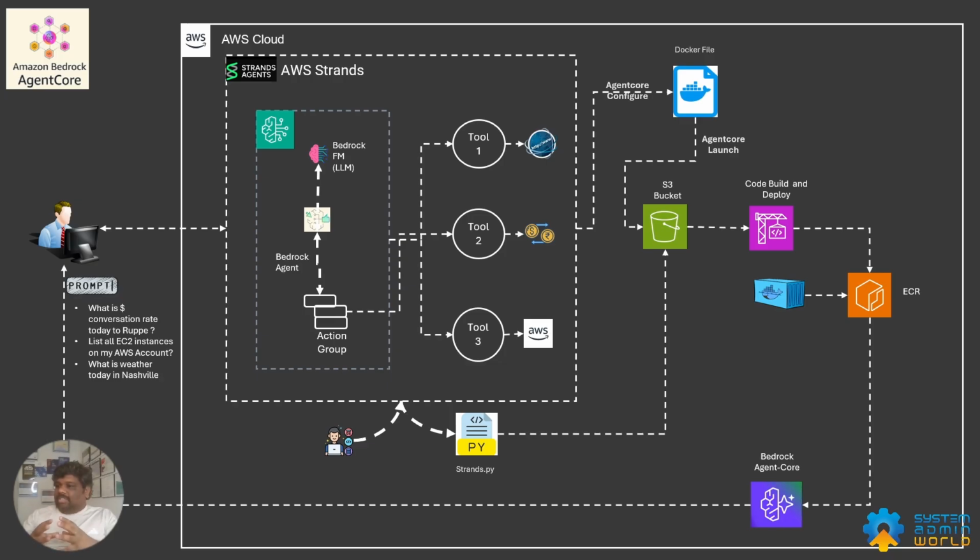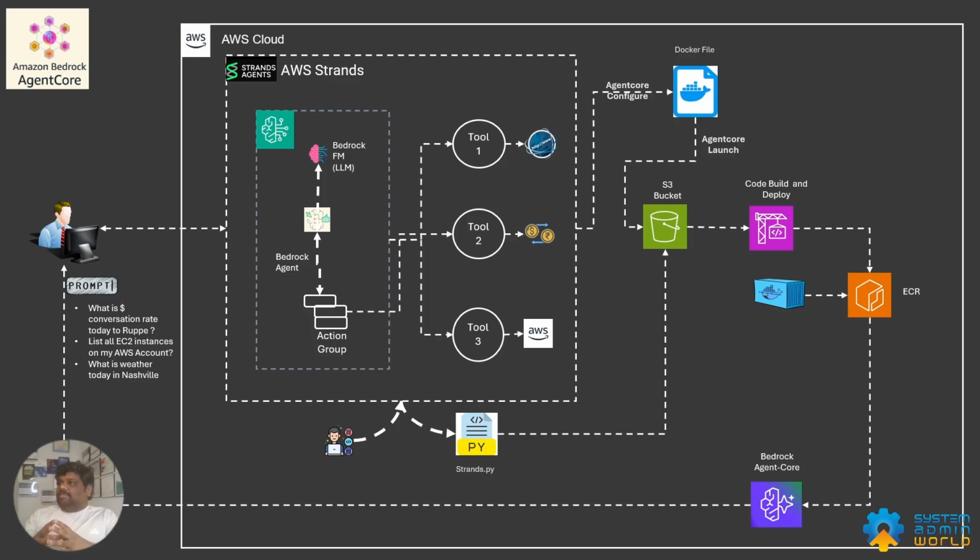So we have the strands.py Python file where we have the Strands code defined, and we will have the requirements.txt file which lists all the Python modules required for Strands to be implemented, or pip commands. Then we run the agentcore configure command on the AWS CLI.